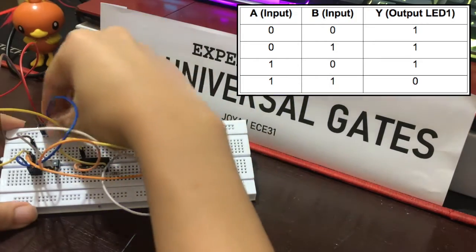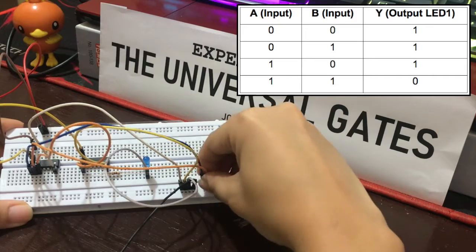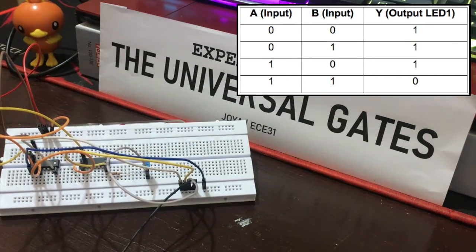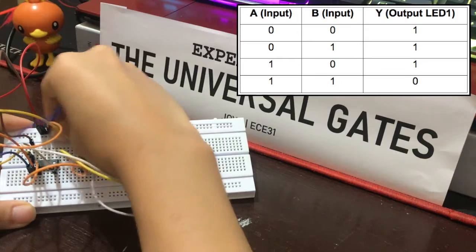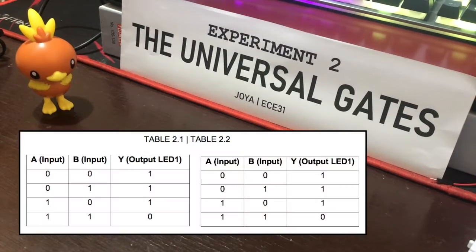When only A is 1 and B is 0, output is 1. But when both of them are 1, output is 0. It was observed that the output terminals for 2.1 and 2.2 are the same.